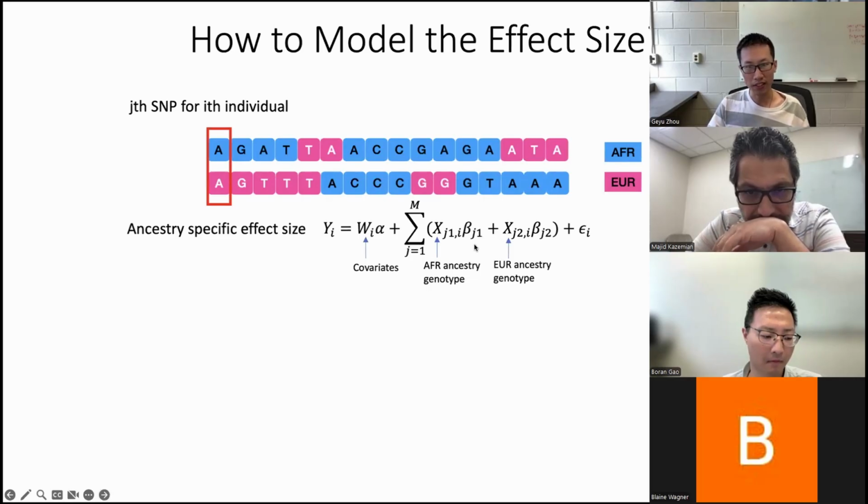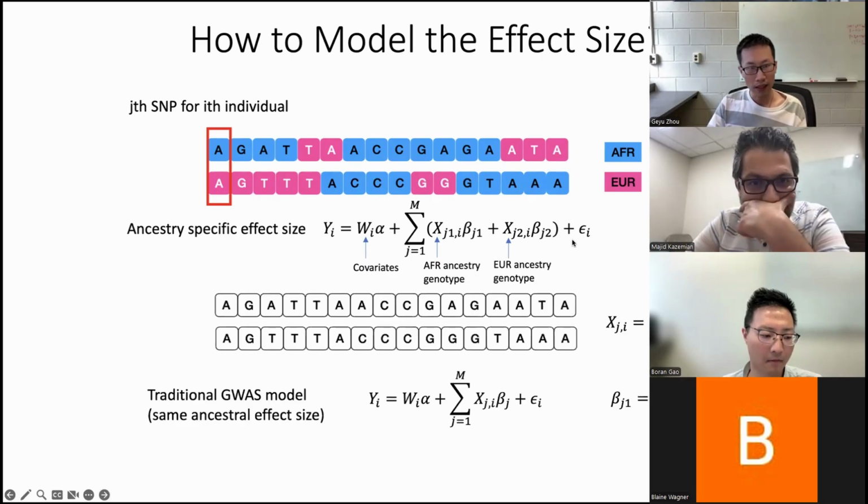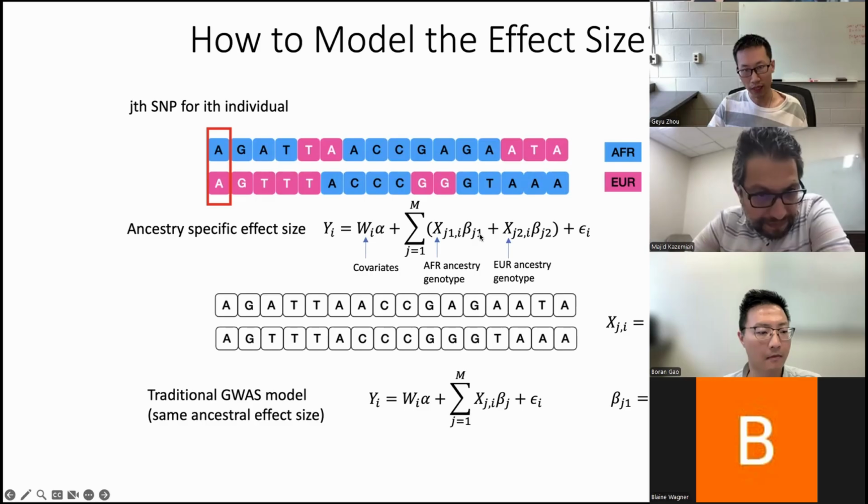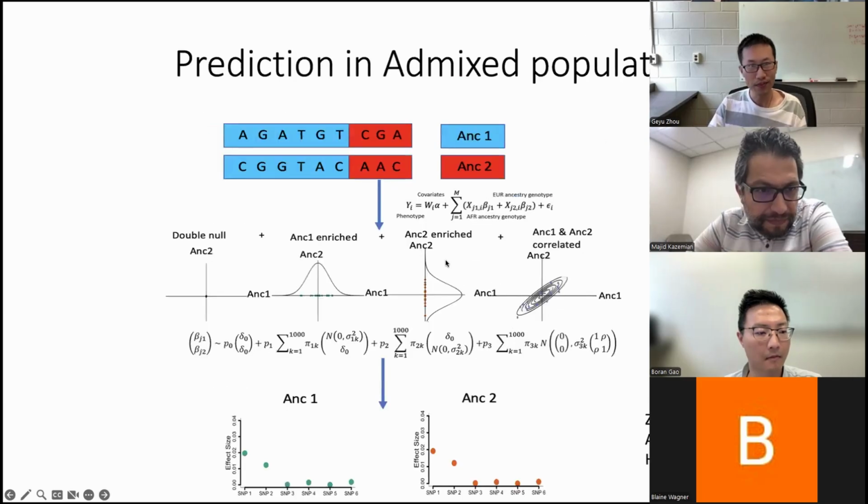And we are interested in estimating, for example, the African-specific effects and European-specific effects. On the contrary, the traditional GWAS model assumes that the effects are the same across the two ancestries, so beta J1 equals beta J2, and it does not use information from the local ancestry.